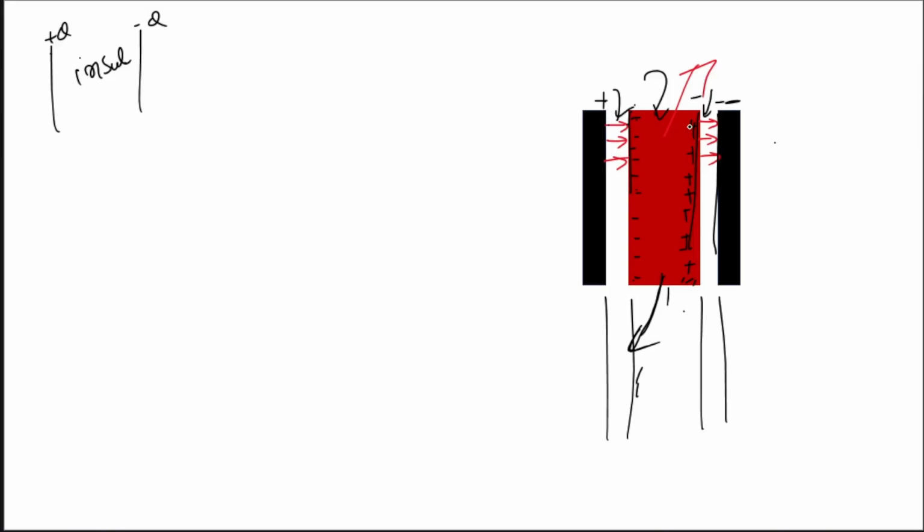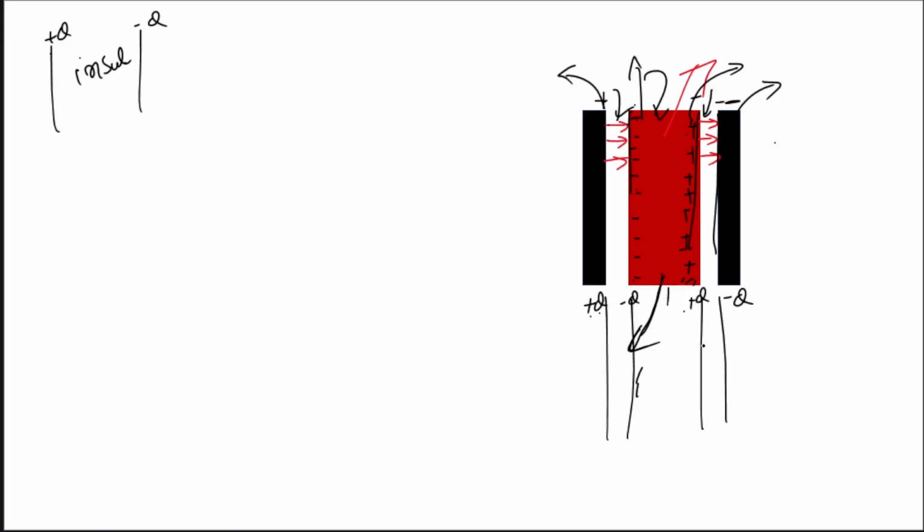As much negative charge as is induced here, the same positive charge is induced here, and as much positive charge is here, that much negative charge is here. So overall, we are getting two capacitors in series.